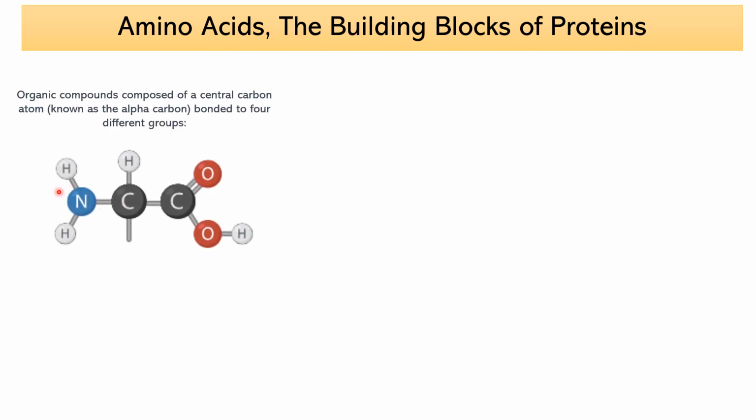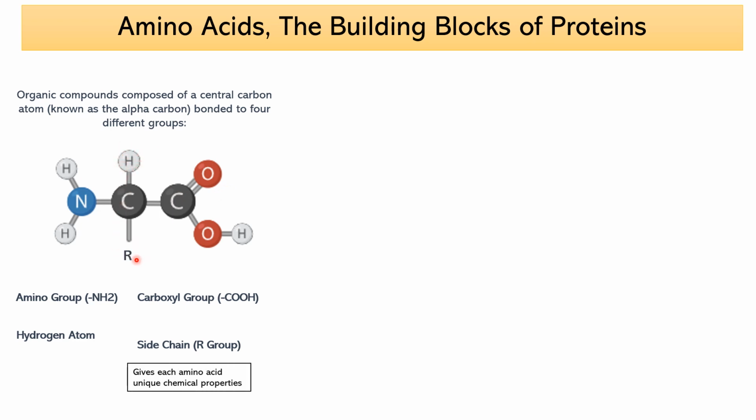First of all, amino acids are organic compounds, and all amino acids share this structure: a central carbon atom, called the alpha carbon, bound to 4 different groups. The first group is the amino group, then the carboxyl group, then the hydrogen atom, and then another group called the side chain, or the R group.